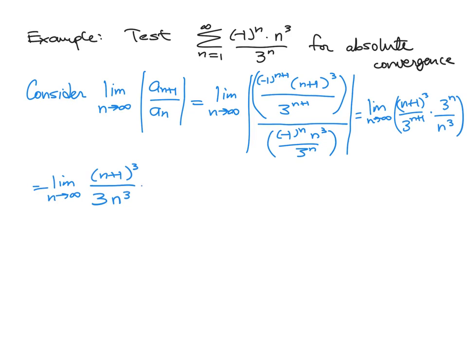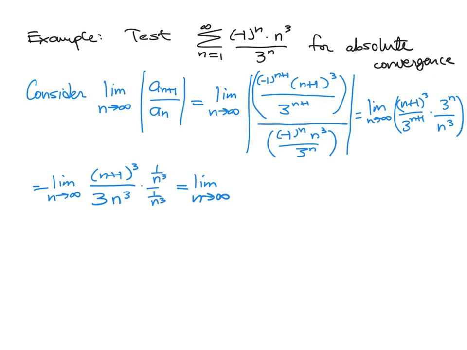Now I'm going to multiply the top and bottom by 1 over n cubed. I'm going to do that little trick. However, I'm going to realize that as soon as I try to insert this 1 over n cubed into this cube, that will turn into 1 over n. So each of these terms is divided by n, because when I cube it, that's how I get the n cubed.